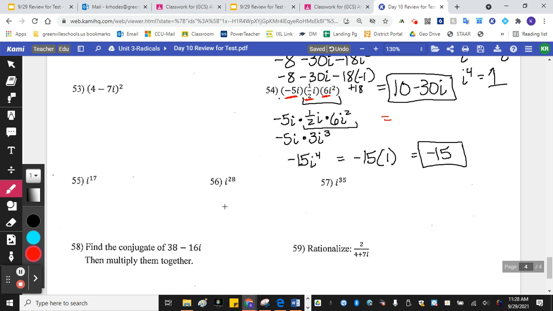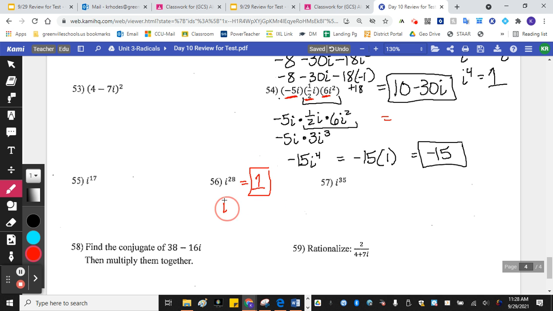i to the 28. What's it equal? It equals 1. How do you know? Because 4 goes into it nicely.